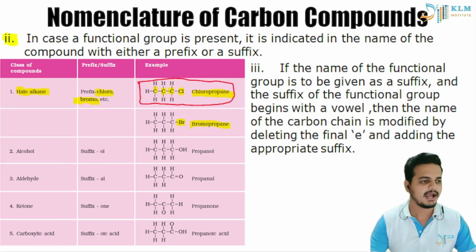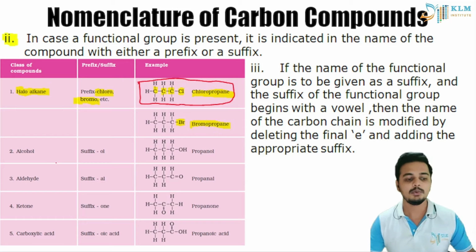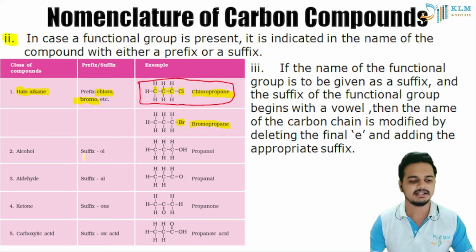All right. And now we will come to the functional groups such as alcohol, aldehyde, ketone, and carboxylic acid. These are the major functional groups which we find in nature. For all of these, we add a suffix. Only for haloalkane, we add a prefix.